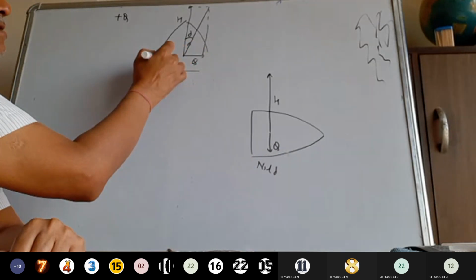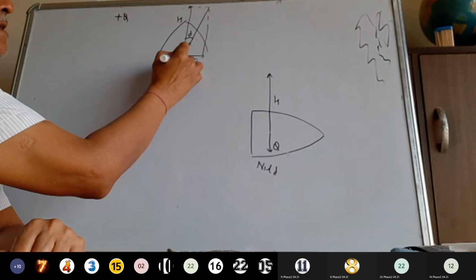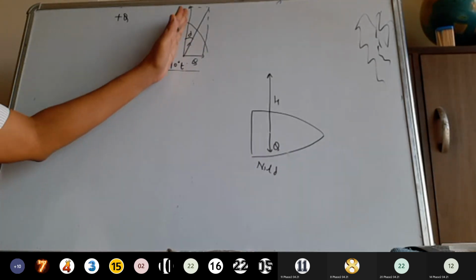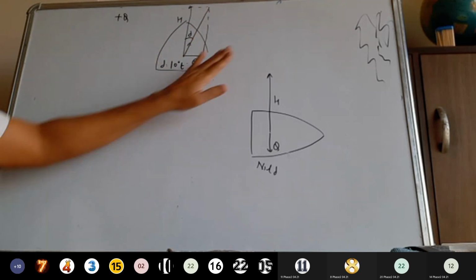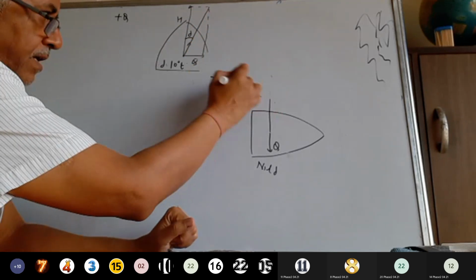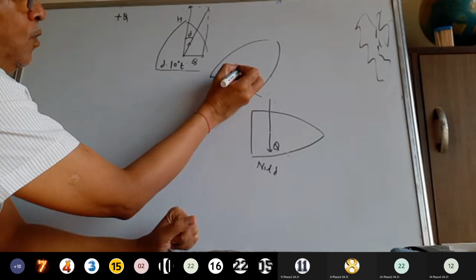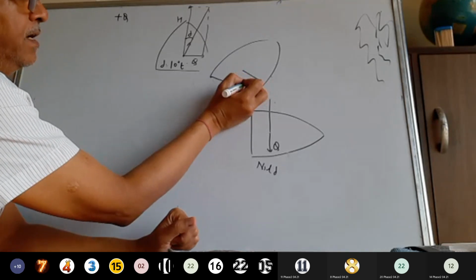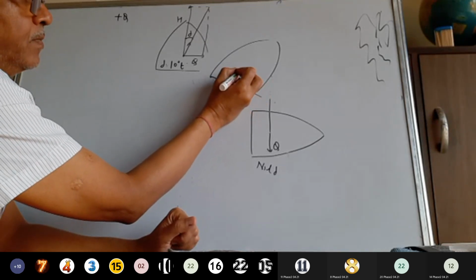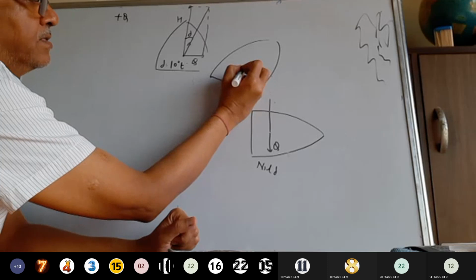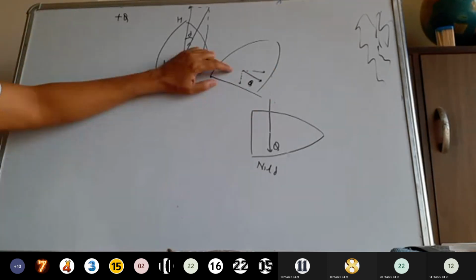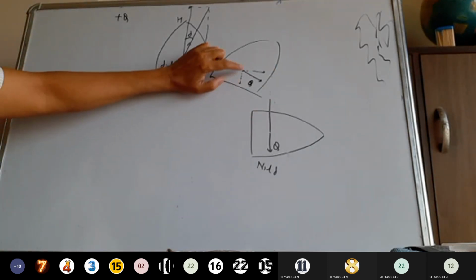And here, let us say it is causing deviation equal to 10 degrees east, while your magnetic compass is getting deflected towards east. If you take a heading somewhere in between, this force Q will have a northerly component and an easterly component.